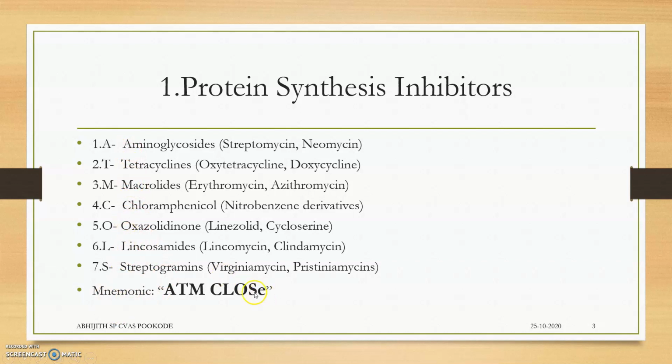The E doesn't have any role here, but to make a proper mnemonic I have added the E. So the code for protein synthesis inhibitors is ATM close: aminoglycosides, tetracyclines, macrolides, chloramphenicol, lincosamides, oxazolidinones, and streptogramins.